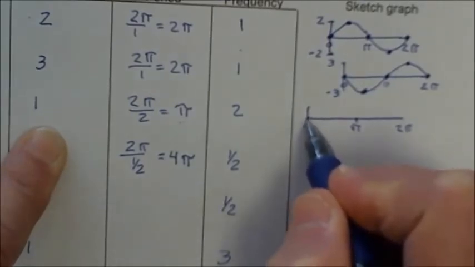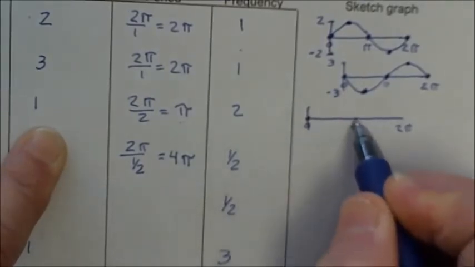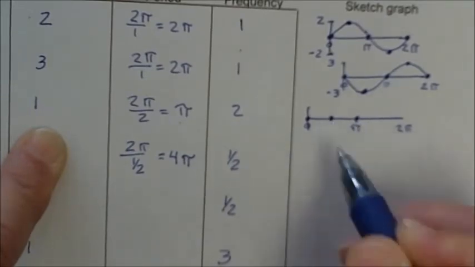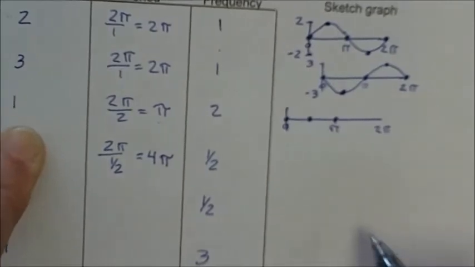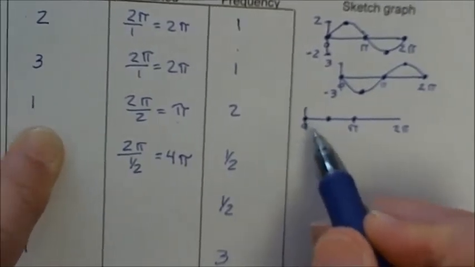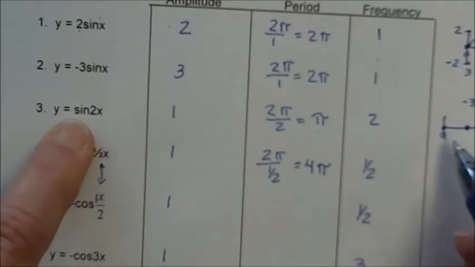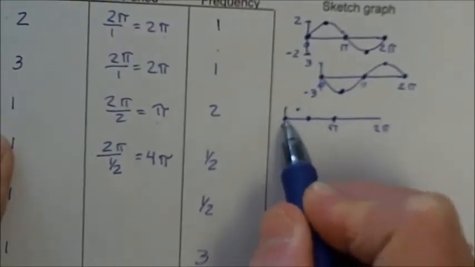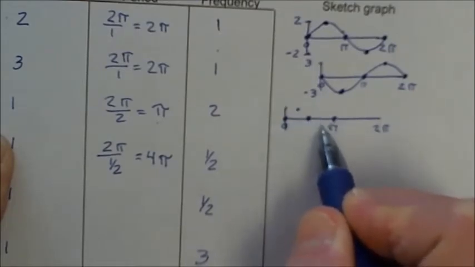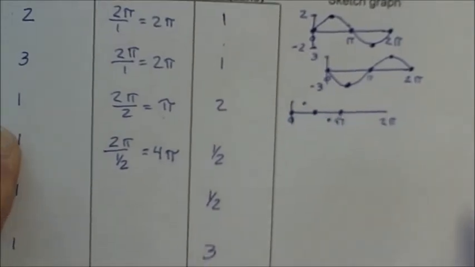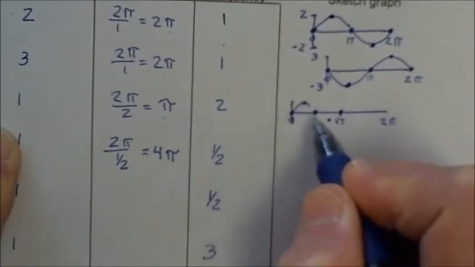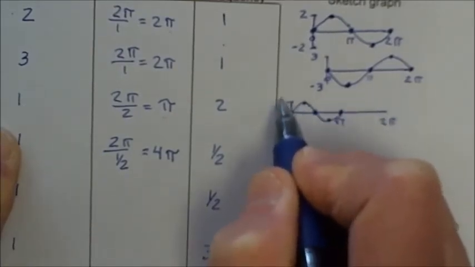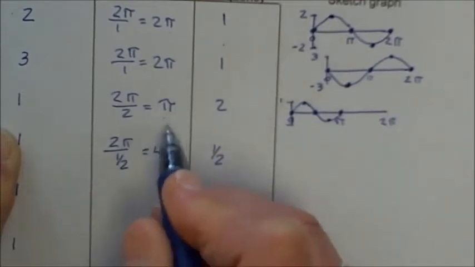So it starts at 0, at pi would end at 0, midway between be at 0. Our a value was 1. So 0, max, 0, min, 0. Here we have one complete sine curve from 0 to pi.